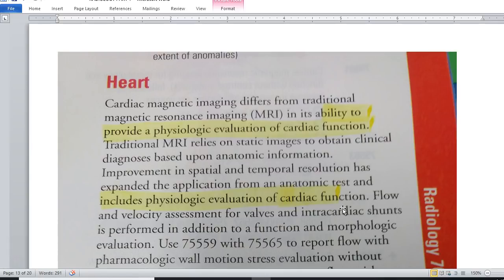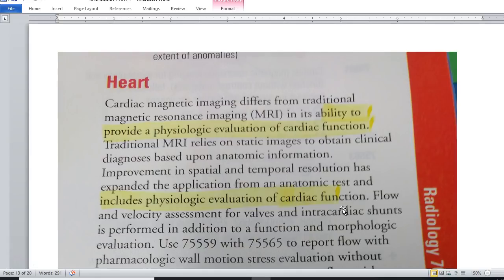Traditional MRI relies on static images to obtain clinical diagnosis based upon anatomic information. Improvement in spatial and temporal resolution has expanded the application from an anatomic test, just looking at the organs, to include physiologic evaluation and cardiac function.